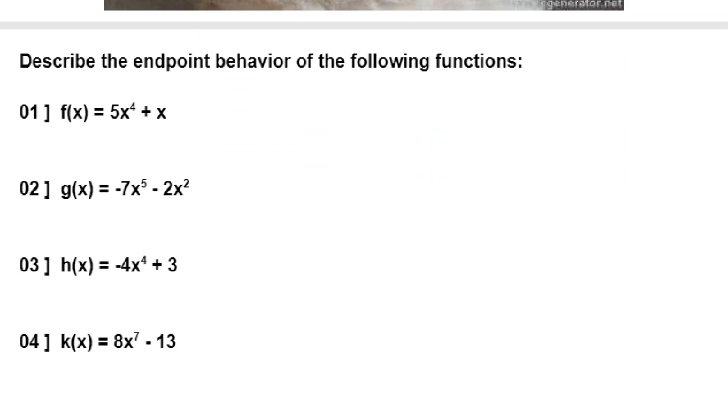Okay, let's move on with the worksheet. We were supposed to use the rules that we had developed in the notes about describing the endpoint behavior.